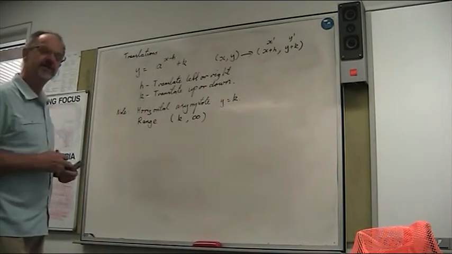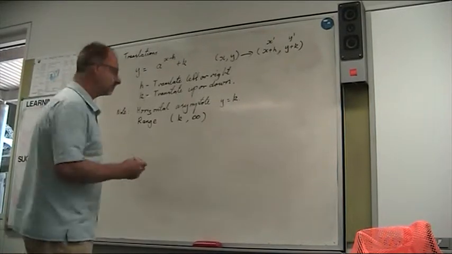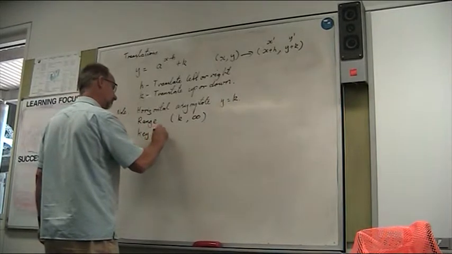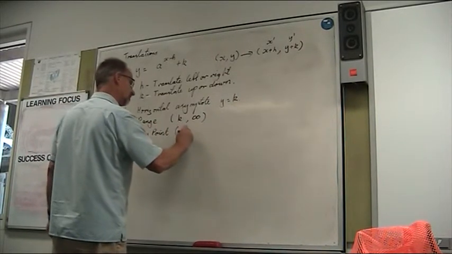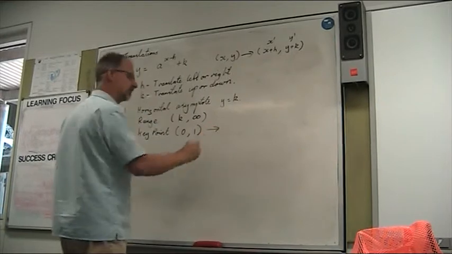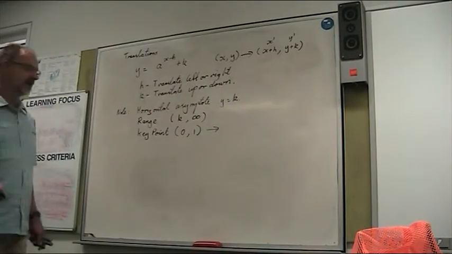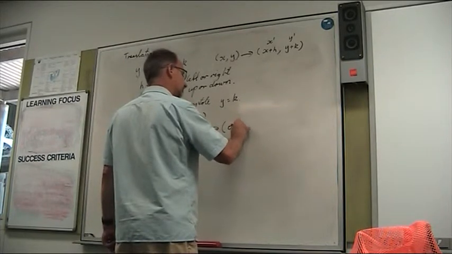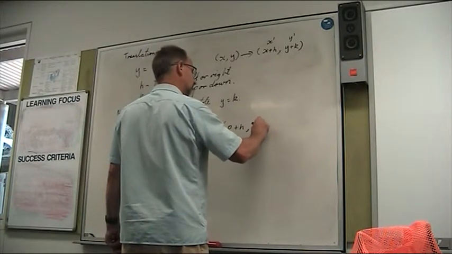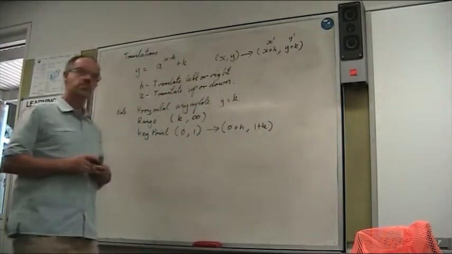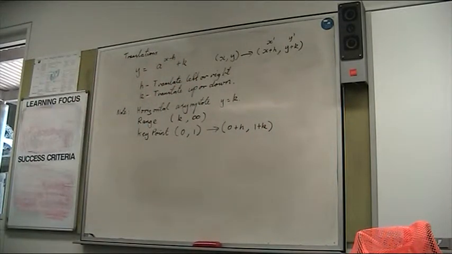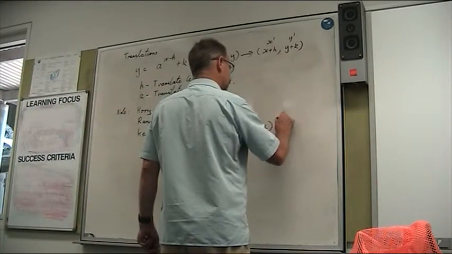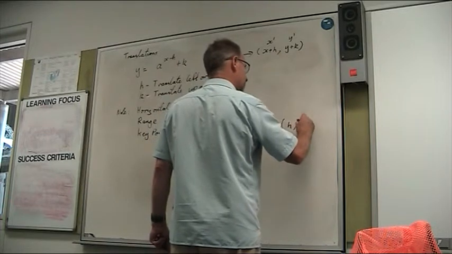The other thing is that our key point (0, 1) is also going to be translated: 0 plus h and 1 plus k, which is h and 1 plus k.